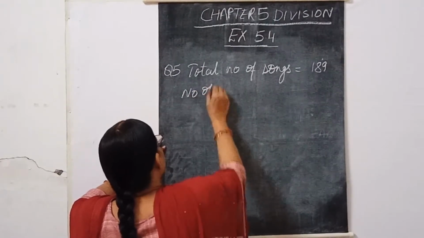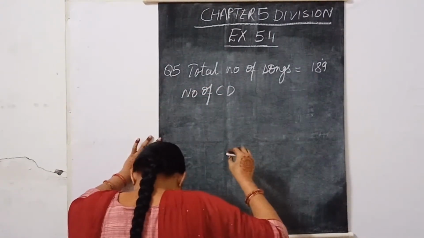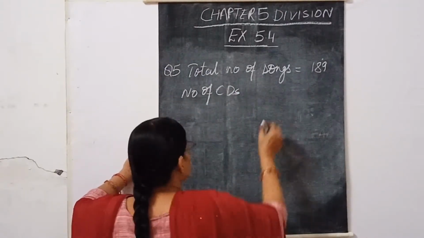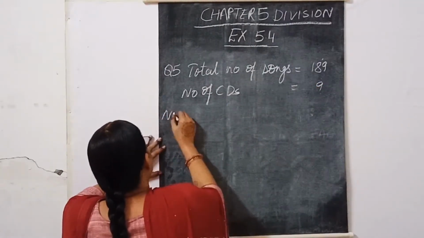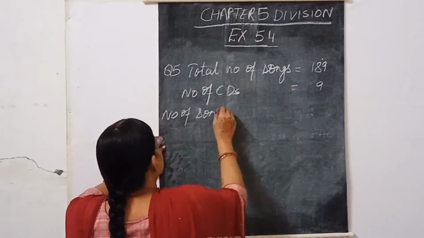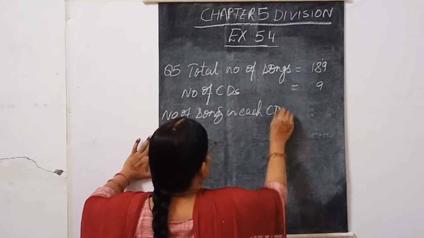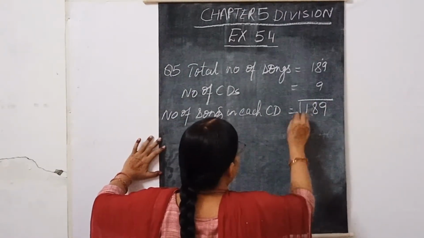Number of CDs, 9. Number of songs in each CD, 189 will be divided by 9.